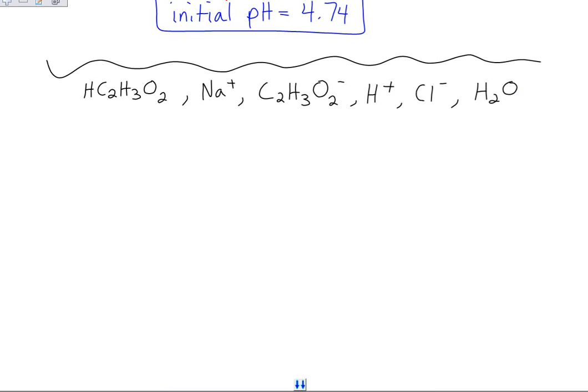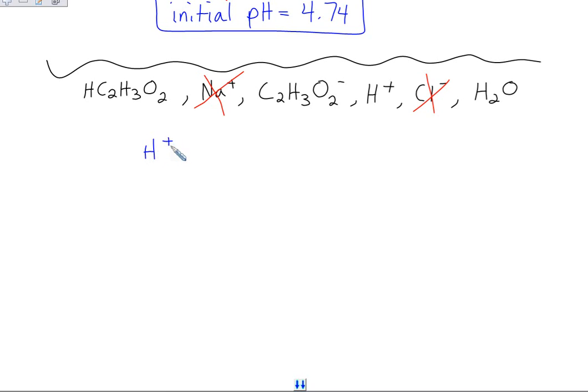Hopefully we would recognize the sodium and the chlorine are spectators. Coming from strong acid, strong base, they have zero effect on the overall hydrogen concentration or the pH. But I definitely need hydrogen on the reactant side. And again, I think sometimes that's where people get stuck. They just don't know what kind of a reaction to write. Well, it's got to be something plus hydrogen.